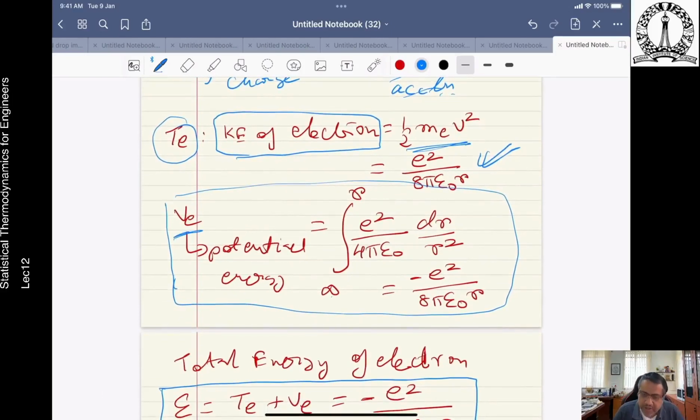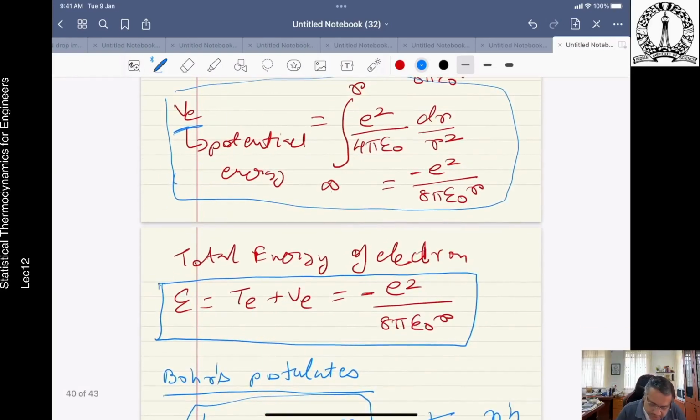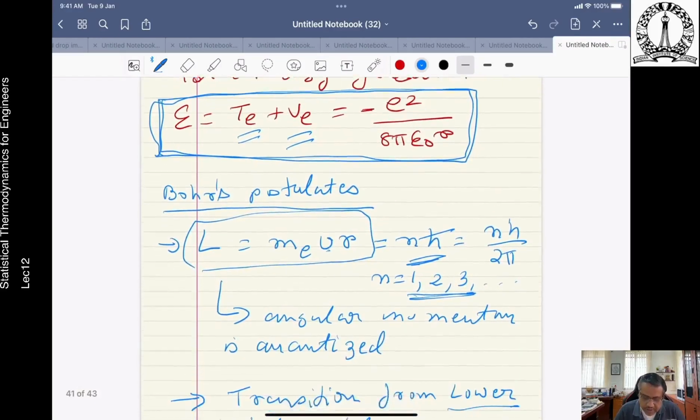This happens because in a conservative system, this is the energy you get if you bring the electron from infinity all the way up to r, and that is what gives you the potential energy. So now that gives you the total energy, which is nothing but the sum of the kinetic energy and the potential energy, given as this. Okay.